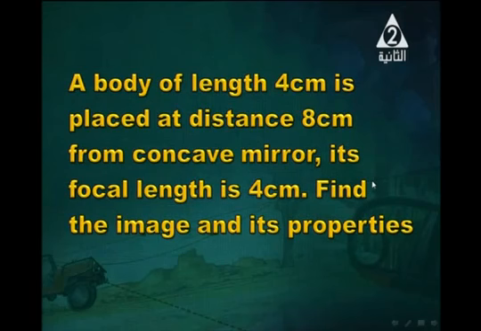Another problem: a body of length 4 cm is placed at a distance 8 cm from a concave mirror. Its focal length is 4 cm. The concave mirror has a focal length 4 cm, so its radius is 8 cm. It means that the body is placed at the center of curvature of the mirror.